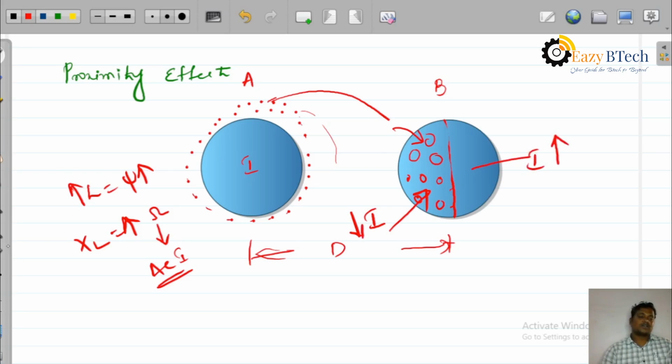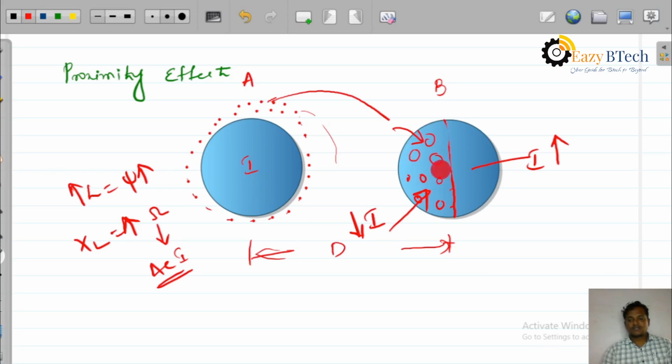The flux due to the other conductor's current is induced in conductor B, and only in half of the portion, because those conductors are near to conductor A. That's why more flux linkage is there in this portion compared to that portion. Therefore the flux linkage is more, inductance is more, XL value is more, and the resistance of these strands increases.